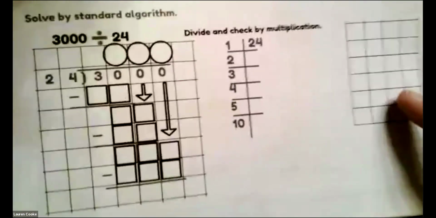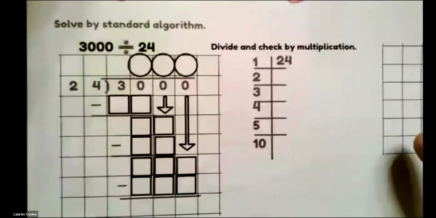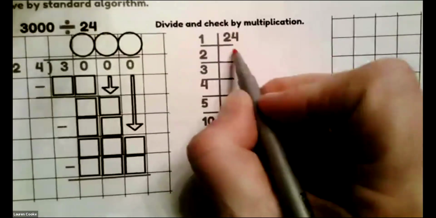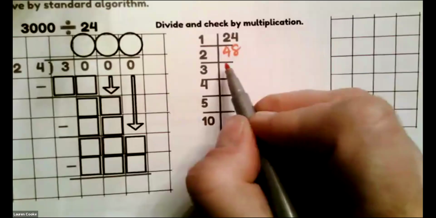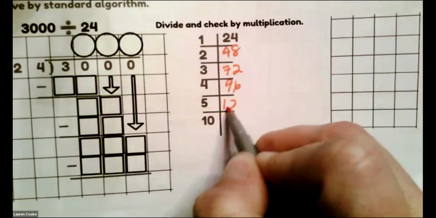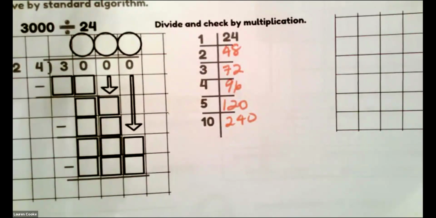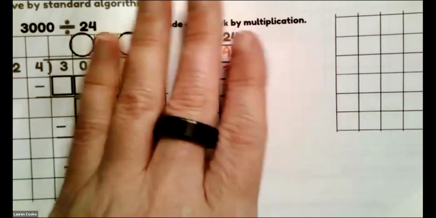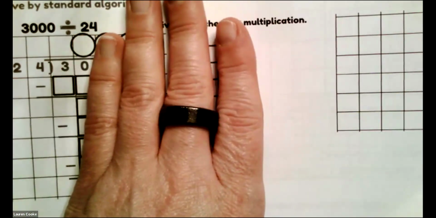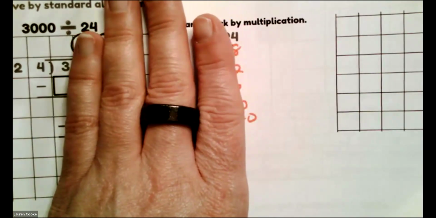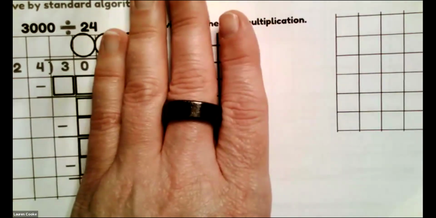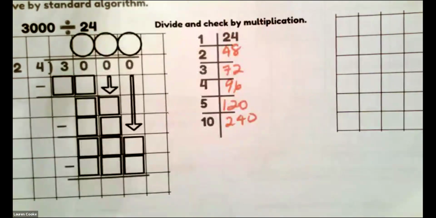All right, now we're going to do the same problem with the understanding we just had, using the standard algorithm. I'm going to have the same multiples. And I'm just going to look at the numbers a little differently. I still have 24 that I'm trying to split 3,000 up by, but I'm just going to look at a few numbers at a time. First I looked at 3, but that wasn't big enough. Now I'm looking at 30, even though it's 3,000.